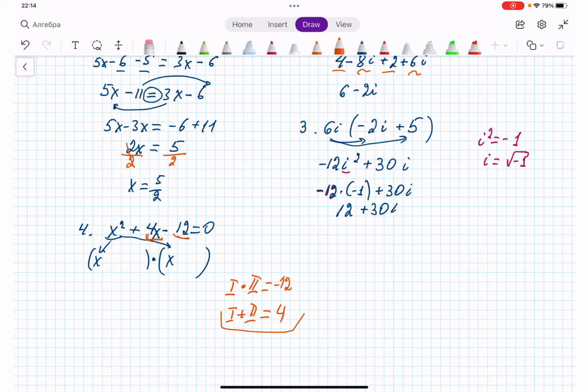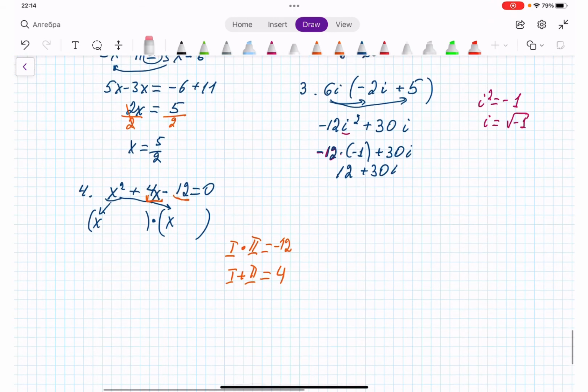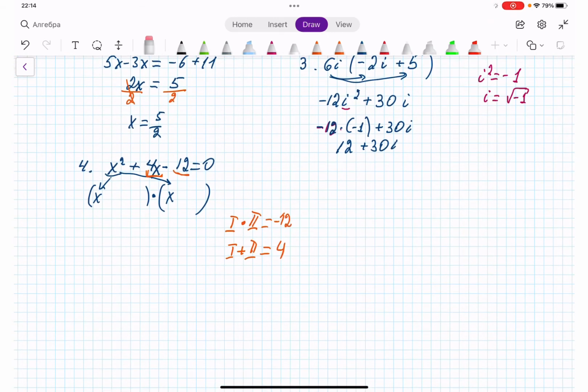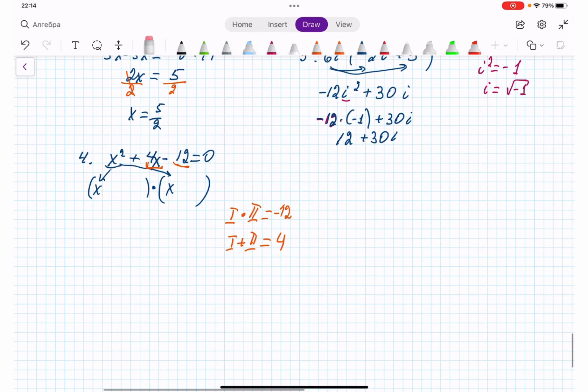So let's find two numbers whose multiplication gives us negative 12 and whose addition gives us 4. What am I going to do? I'm going to factor down this negative 12. Multiplication of which terms will give me negative 12? Let me see. 1 and negative 12, right? Or negative 1 and positive 12, correct? What else?